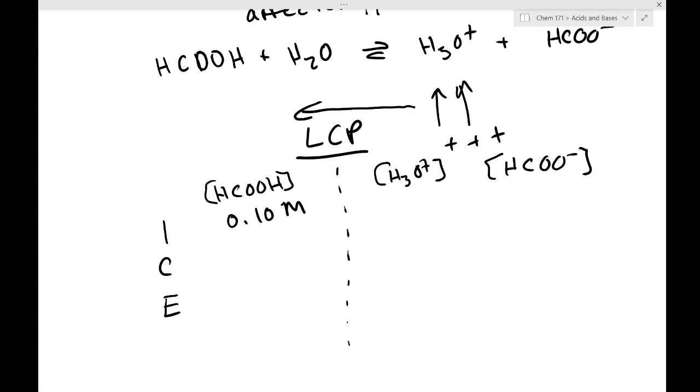We're forming two solutions out of these concentrated acids. However, in this case, we're not going to have zero initial H3O+ concentration like we do normally. We're going to have 0.10 molar initial concentration. And of course, the initial HCOO- concentration is zero because we haven't reacted any of the undissociated acid yet.